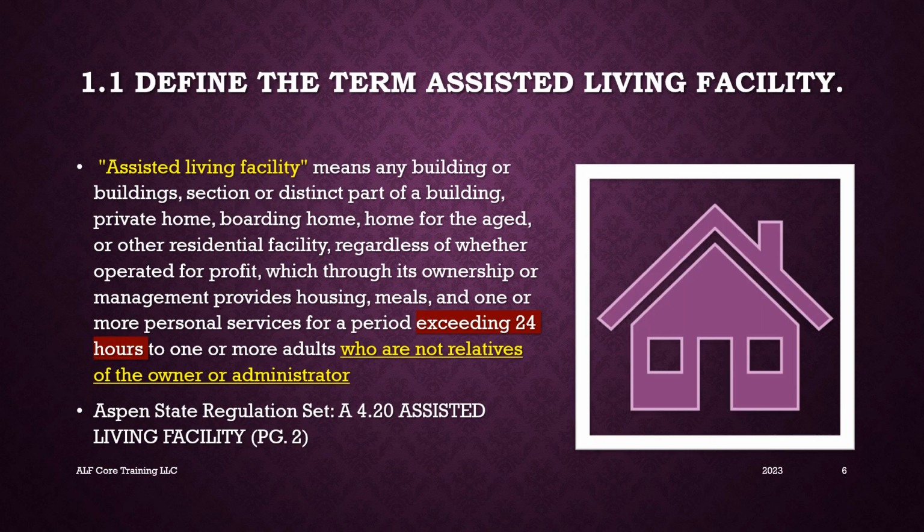Assisted living facility means any building or buildings, section, or a distinct part of a building, private home, boarding home, home for the aged, or other residential facility, regardless of whether operated for profit, which through its ownership or management provides housing, meals, and one or more personal services for a period exceeding 24 hours to one or more adults who are not relatives of the owner or administrator.